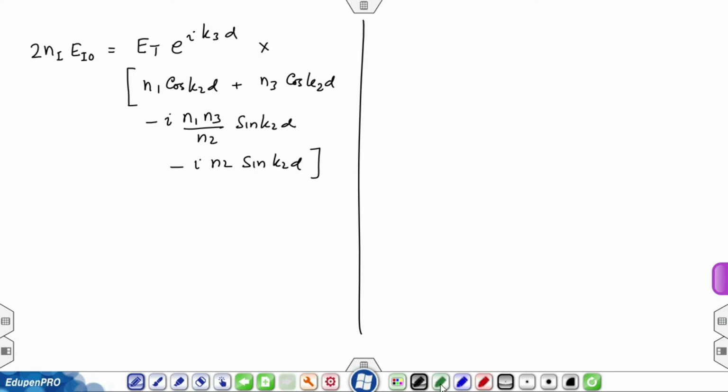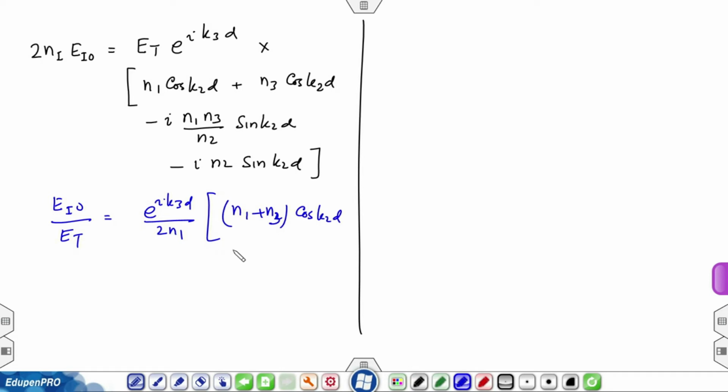And this then leads to EI0 over Et equals e raised to I K3 D over 2N1, N1 plus N3, cosine K2 D minus I N1N3 plus N2 square over N2 sine K2 D.